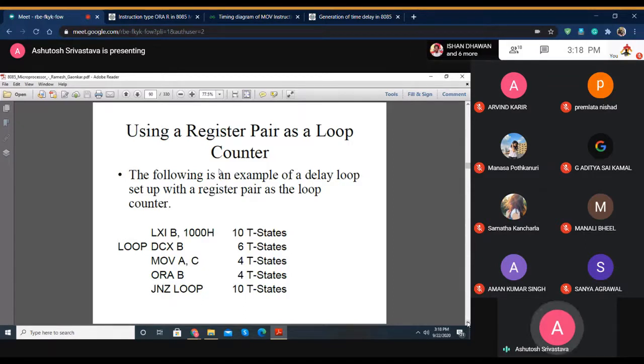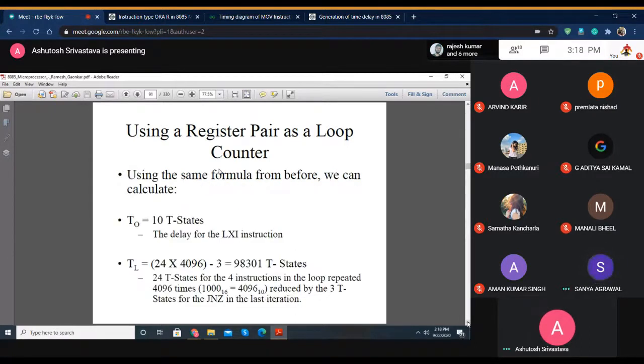In the first case, you have the same value 1000, and in the other case, you have the value 1010. Just leave the second part. Sir, 0.327 seconds in case of 1000H. In T states, it's 98,311.